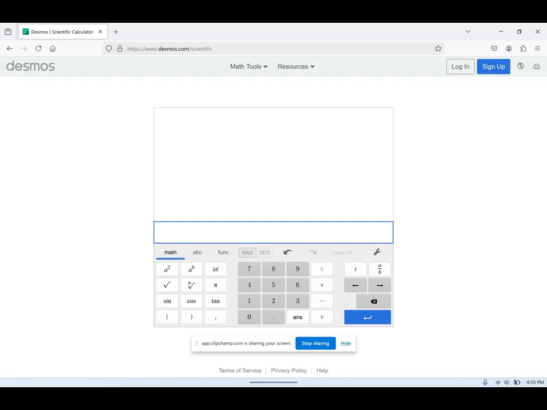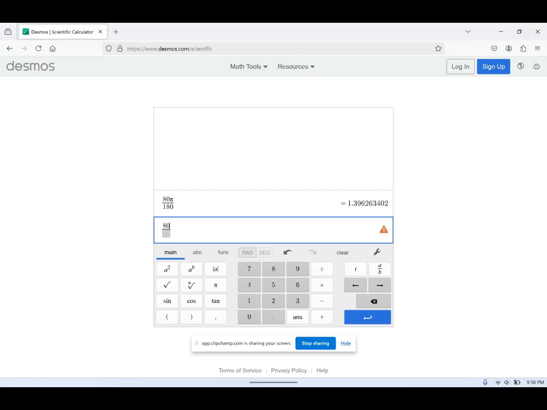The problem with this one is we have to do a little bit of tweaking, because if we just use the fraction button and we do 80 pi over 180, it doesn't give us a reduced fraction. It gives us this ugly looking decimal, and that's not what we need. So we're going to hack this by putting in just the 80 and the 180 without the pi and let the calculator do the work from there.